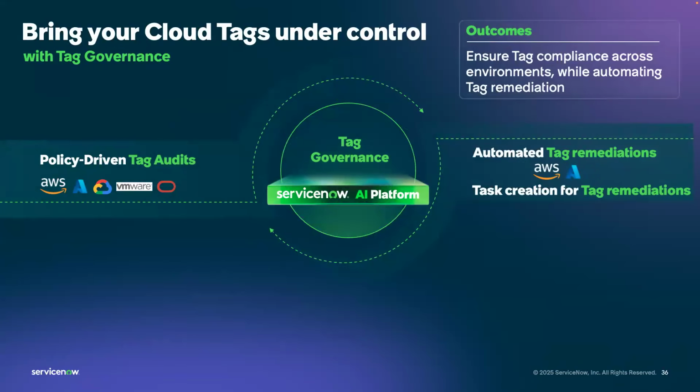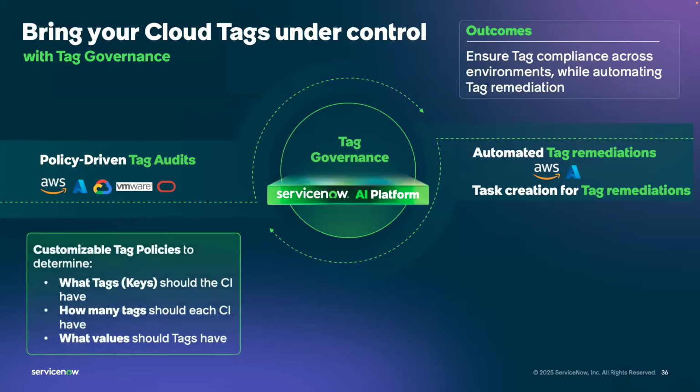So, I discussed our ability to discover tags. We also have the ability to audit those tags with our tag governance application, right? So being able to go out and discover those tags through discovery and then creating audit tasks to go out and have those resource owners validate those tags.